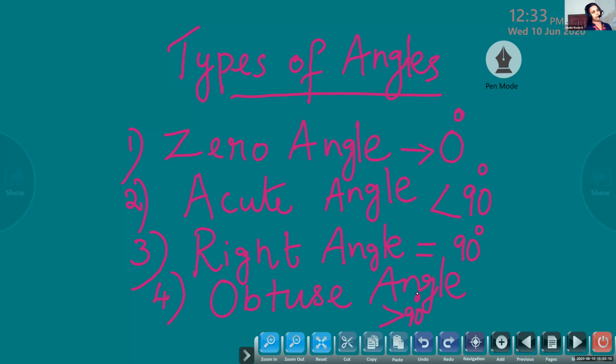It will be 0 degree. And acute angle, the degree measure will be less than 90 degree. Right angle, the measure will be equal to 90 degree.